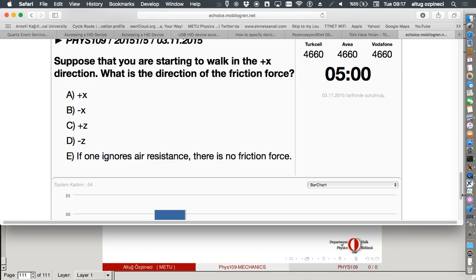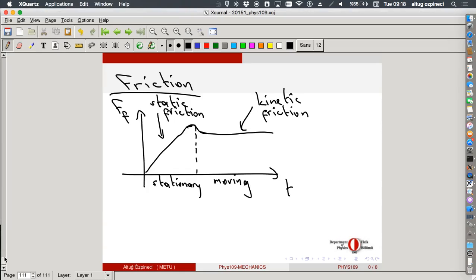Somebody who thought that the answer was B. I think about objects moving in one direction, and the friction tends to be opposite to that direction. If this contact is going plus, then the friction is in the opposite direction, and it should be minus x.